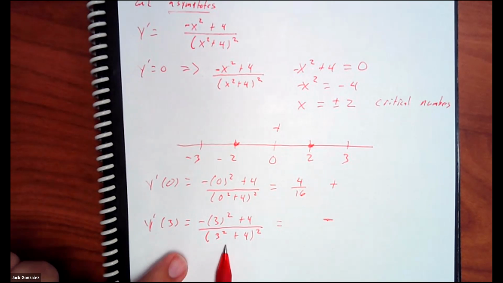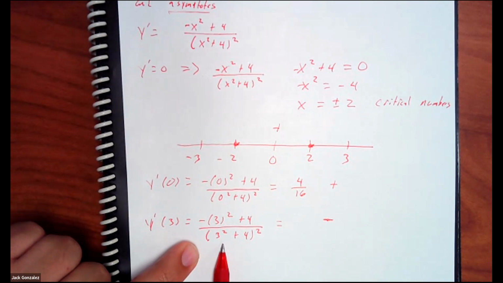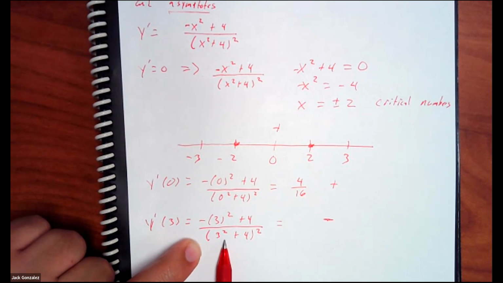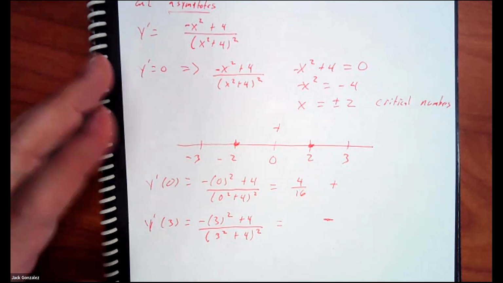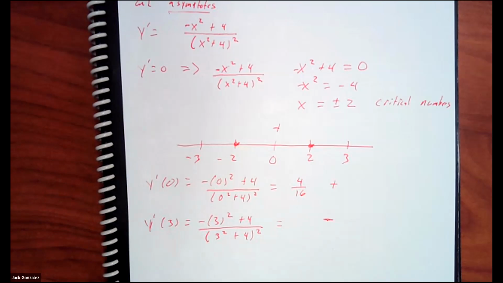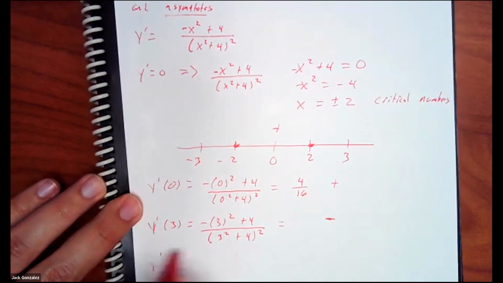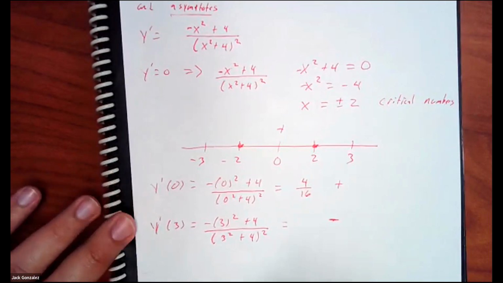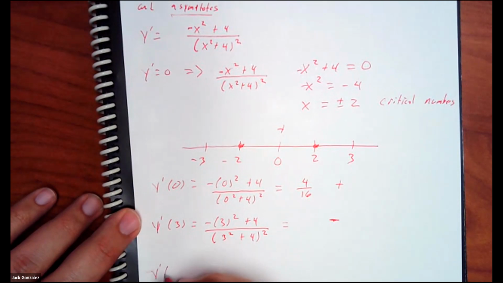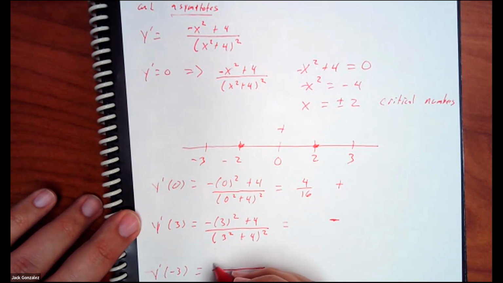So the bottom is going to be positive no matter what. So let's not even bother with the bottom. So all we have to really look at in this particular example is the top. Now, derivative at -3. Make some more space there. I don't really care about the bottom.